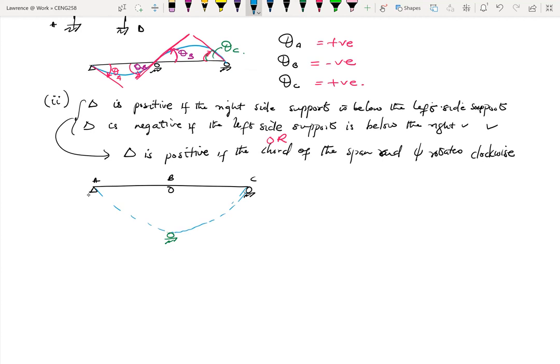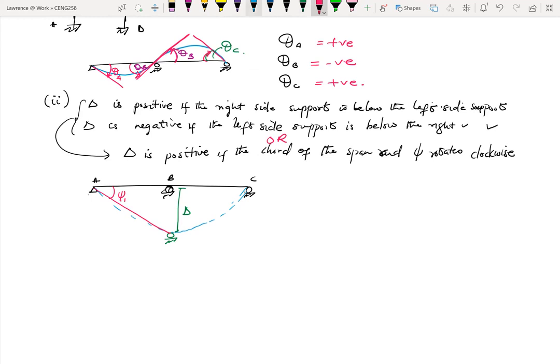This distance here is now our delta, which means that if I draw a straight line between A and D, this is my first chord with an angle psi.